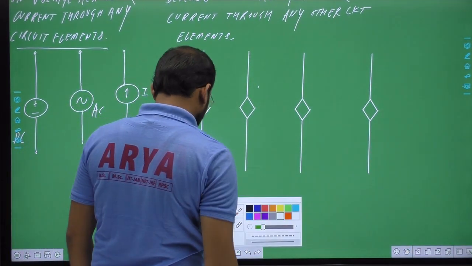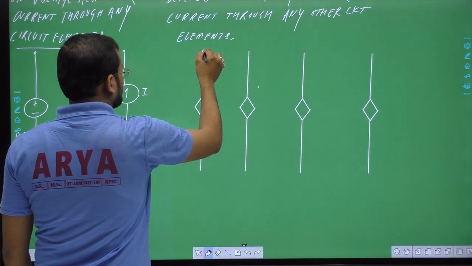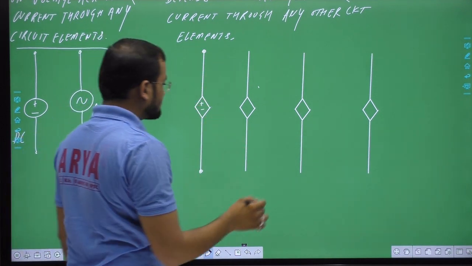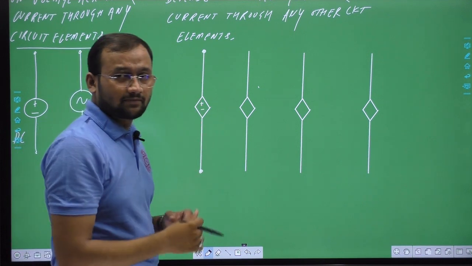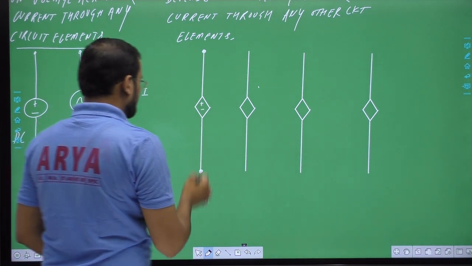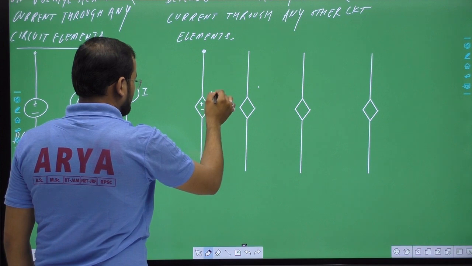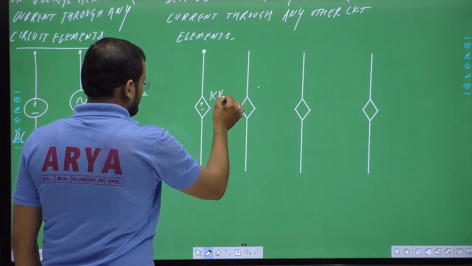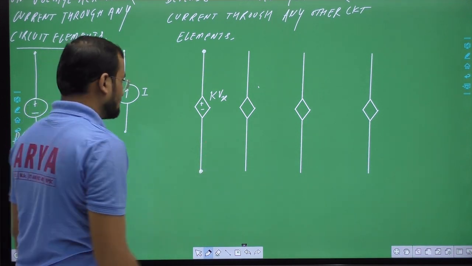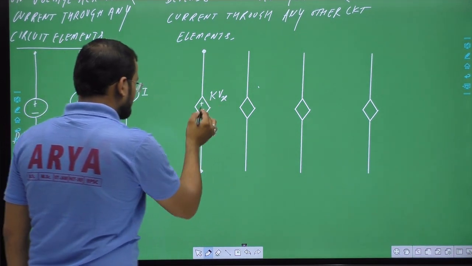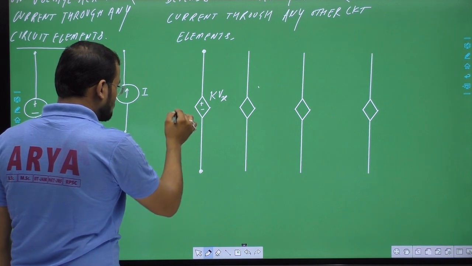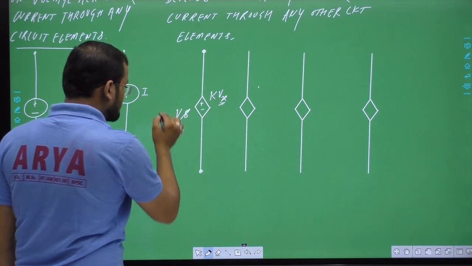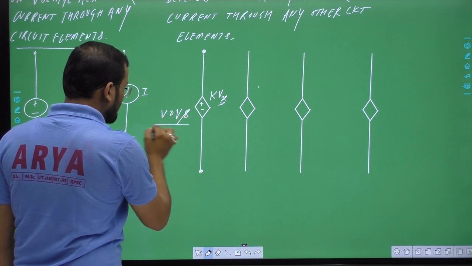I will show you. The symbols look like a diamond shape. Okay. This is a voltage source with value kVx, and it is dependent on a voltage, so this is called a voltage dependent voltage source.